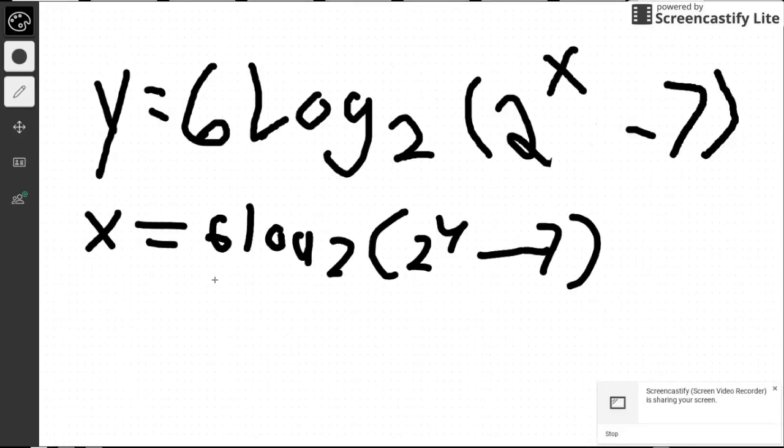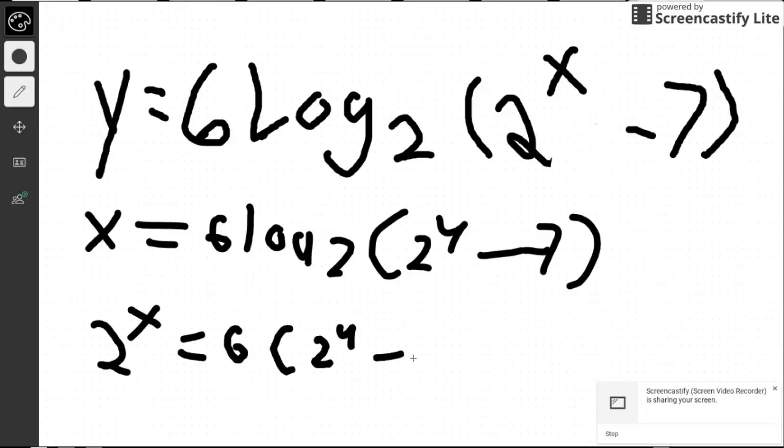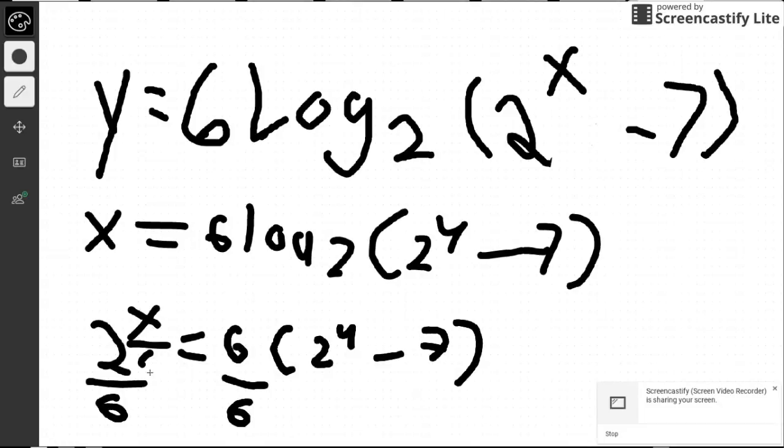So you're going to have base 2 to the power of x equals 6 outside the parentheses of 2 to y minus 7. The inverse operation of multiplying by 6 is dividing by 6. But you're not dividing by the bottom like last time; you're dividing from the top, as the power of the power.